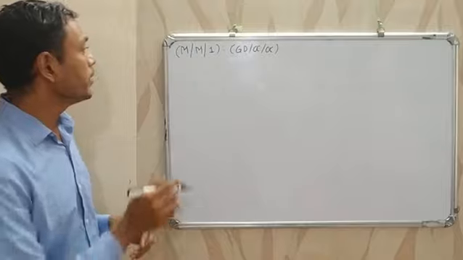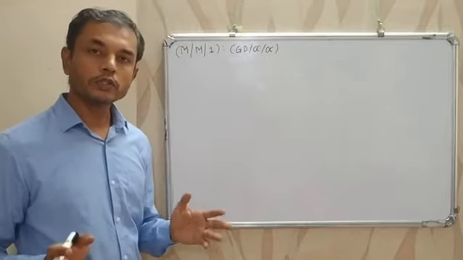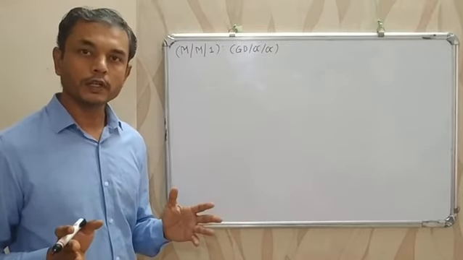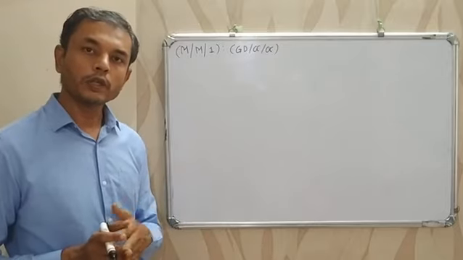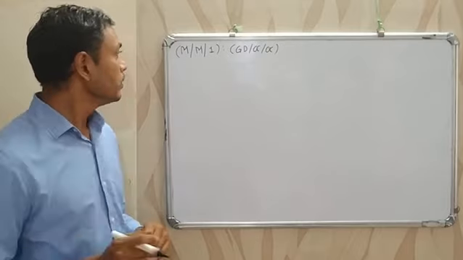M/M/1/GD/infinite. Arrival rate and service rate follow Poisson distribution. Number of servers is 1. The queue follows general discipline, that is first come first serve, and the size of the calling source and number of customers permitted in the system are infinite.